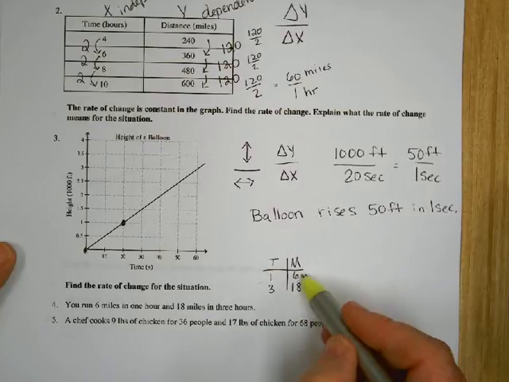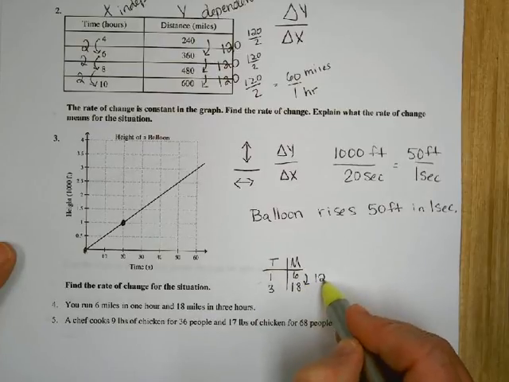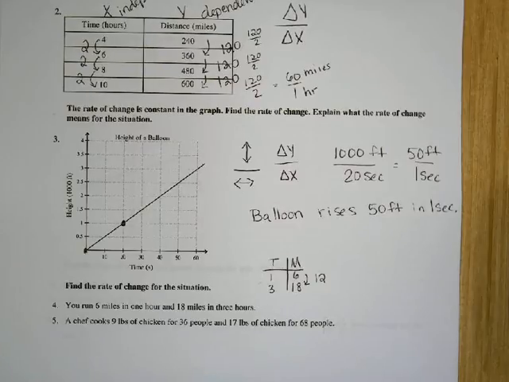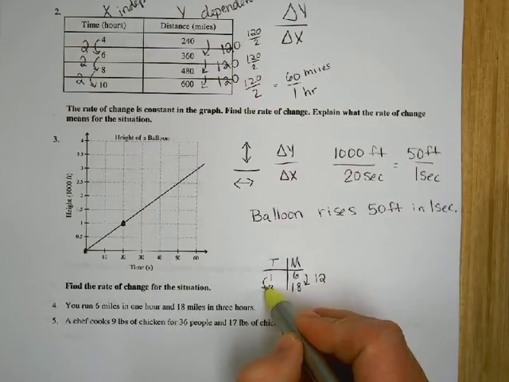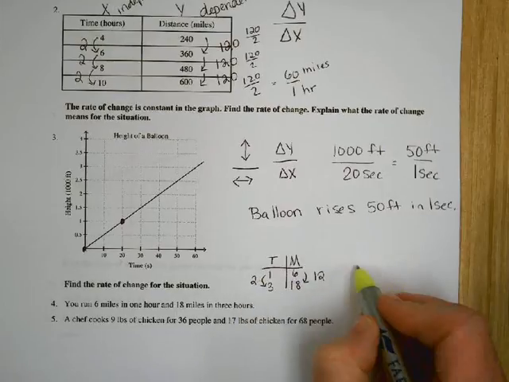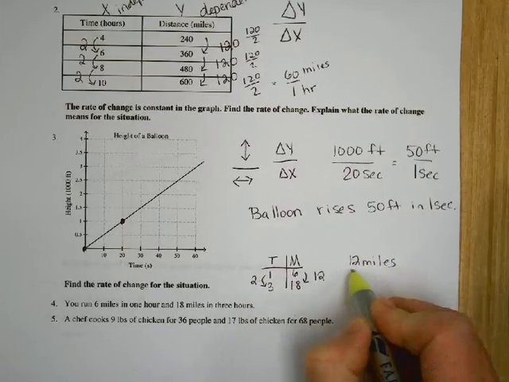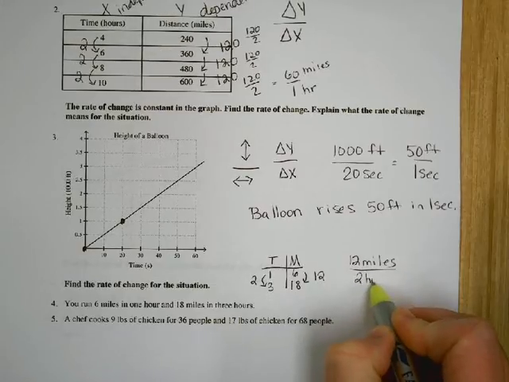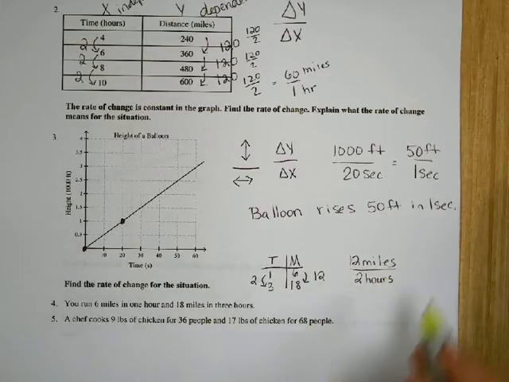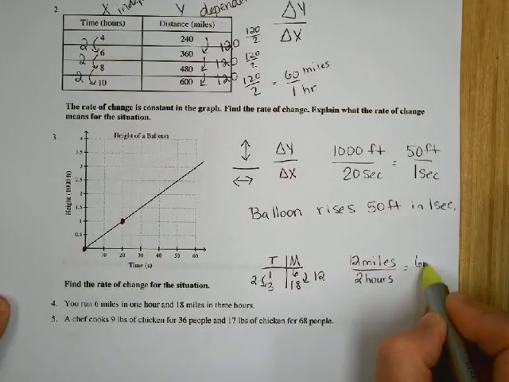From 6 to 18, you increased by 12. From 1 to 3, you increased by 2. So you had an increase of 12 miles in 2 hours, which simplifies to 6 miles per hour.